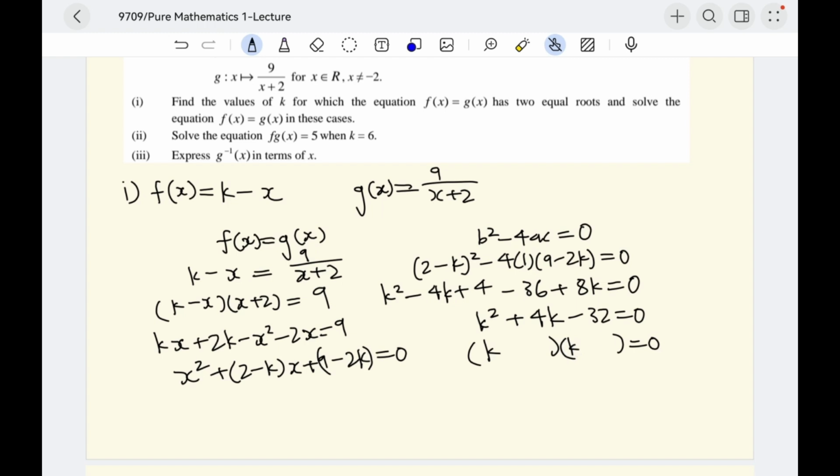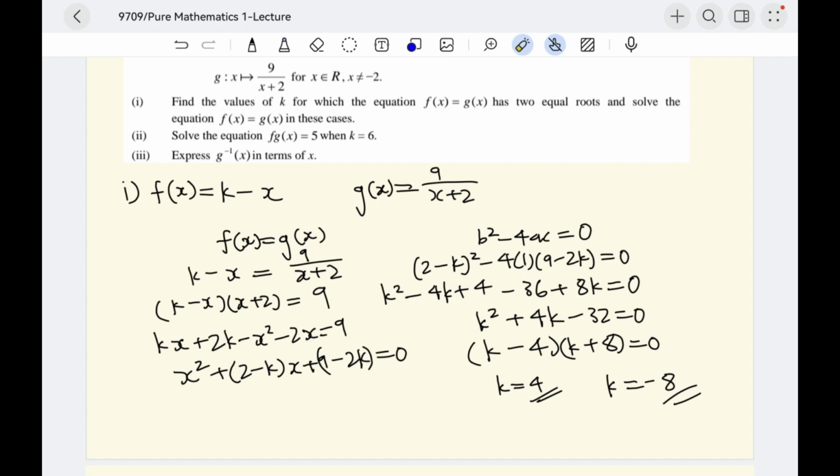Next, factorize it properly. 8 times 4 is 32, and plus 8 minus 4 to get plus 4. Minus 4 times 8 to get negative 32. So write out the values of k. You will get k as 4 and negative 8.